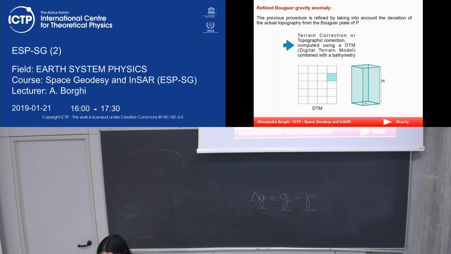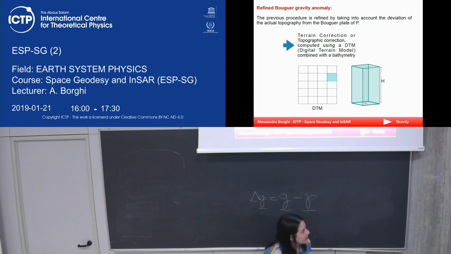A digital terrain model is a grid, a regular grid, in a normal case, a grid with some cells, with width and length, and you can see how your Earth surface is given by this model.